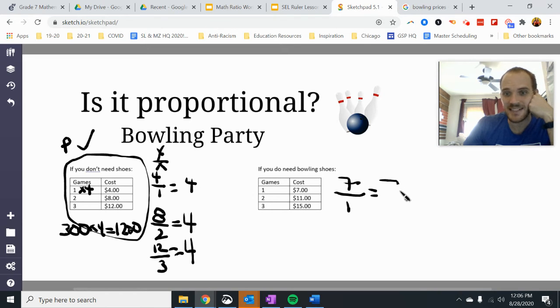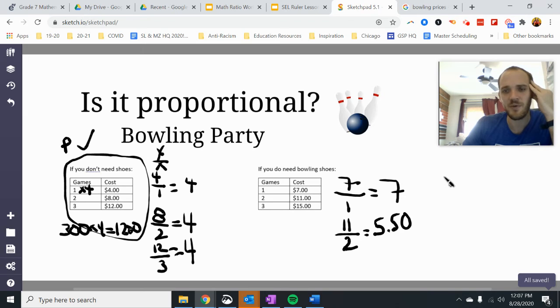So if I do that, it's going to cost me $7 per game. Okay, well, if I bowl 2 games, it only costs $11, and 11 divided by 2, what's 11 divided by 2? If you said 5.5, you were very good at mental math. 5.5 is correct. Are those the same?